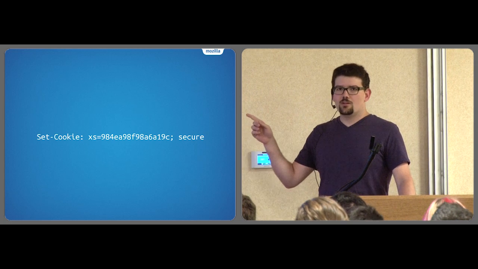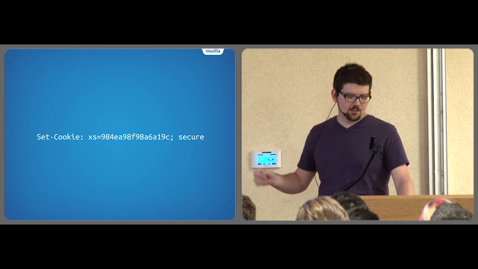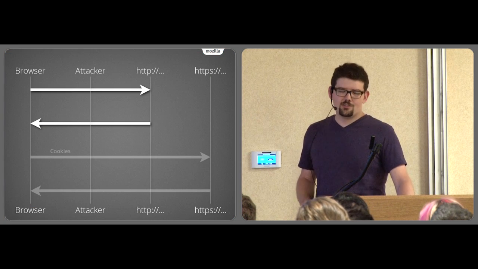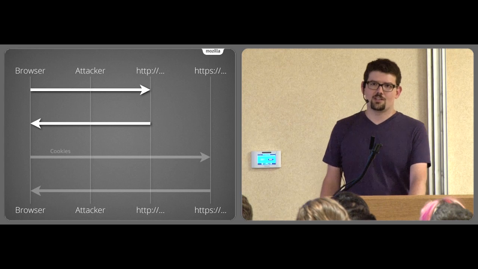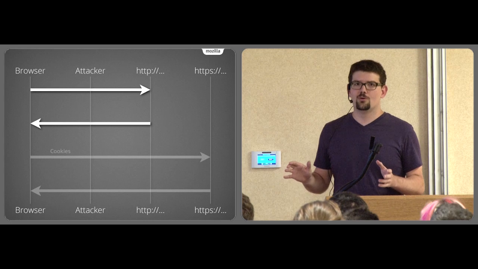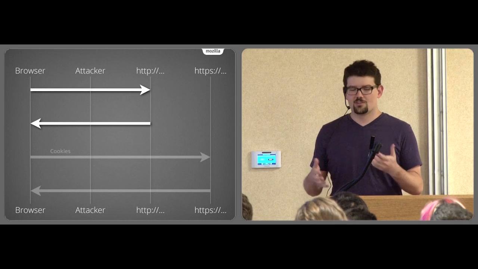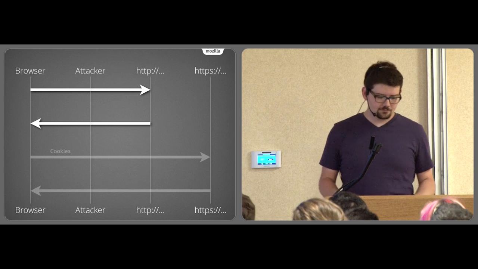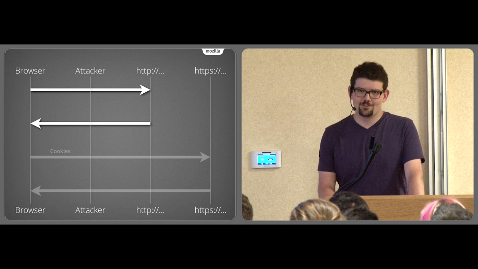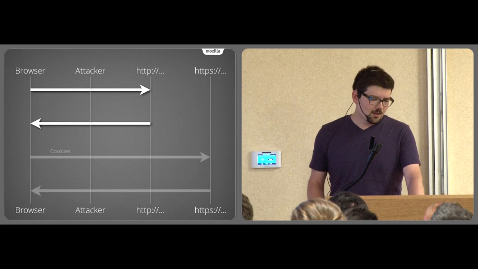When you tell the browser to set a secure cookie, you're telling it that you never ever want that cookie transmitted over a clear text link. And so at this point, the attacker is completely oblivious to my session state, and I'm protected. It's about a 9-character diff, and you're set.